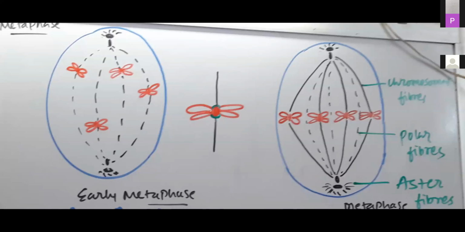If this was supposed to be metaphase, individual chromosomes would have been present at the equatorial plane. But there it is pairs of chromosomes.